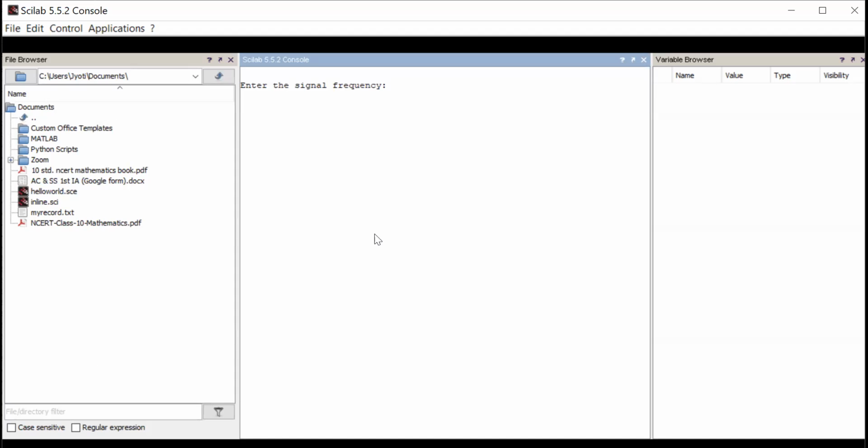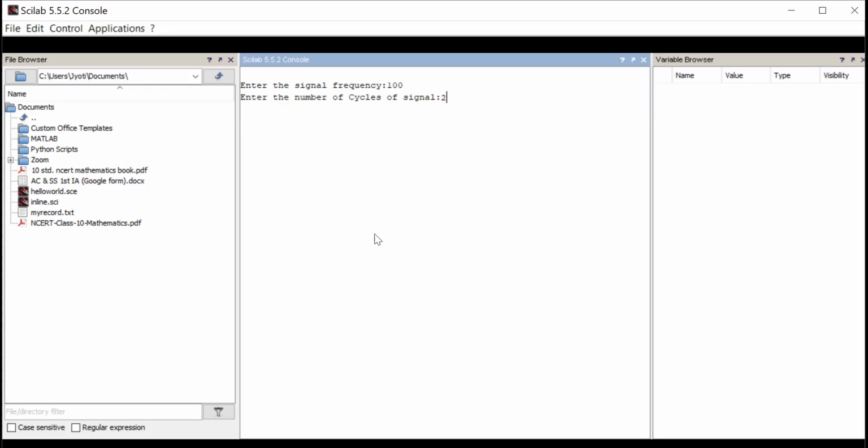Enter the signal frequency. How much signal frequency do you want to give? Suppose I enter the input signal as 100 Hertz. After entering 100, I'll click the enter button. Next, it will ask to enter the number of cycles of the signal, how many cycles you want in the given waveform.